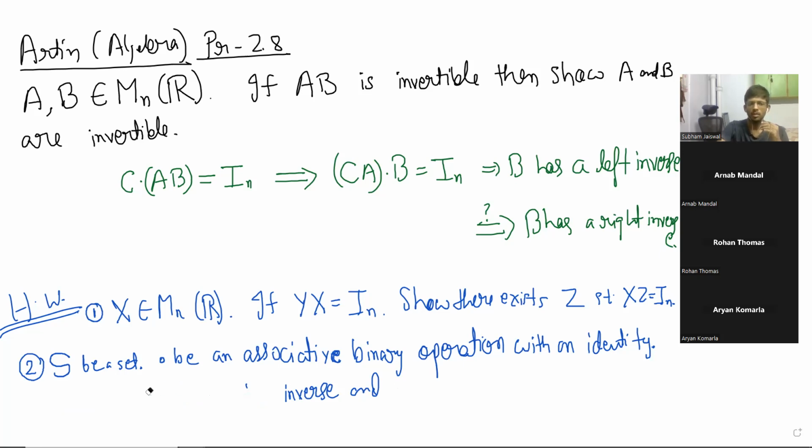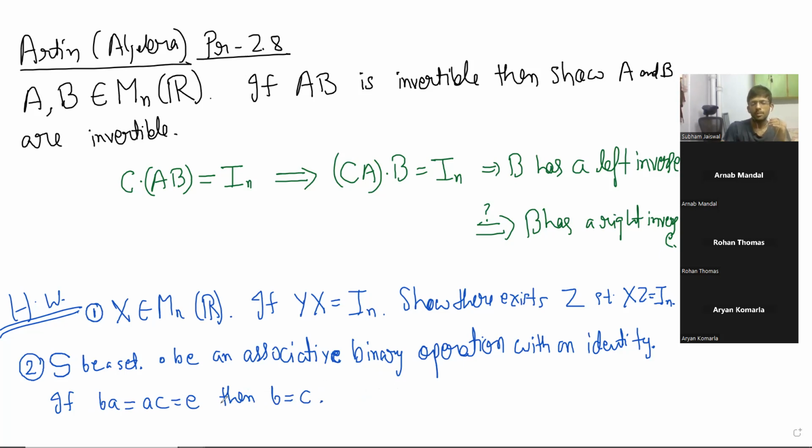Let me write it in a proper way. If BA equals AC equals E, then B equals C. Okay, so you should prove this.